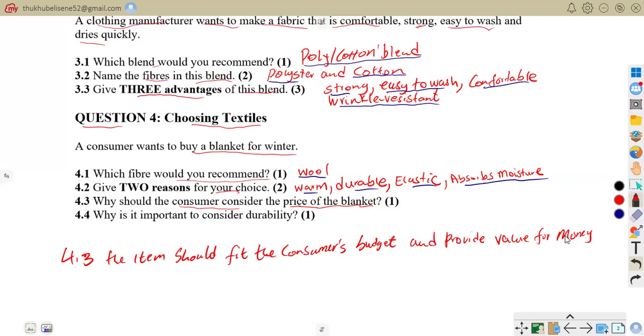So that is that. So consumers should avoid spending more than they can afford while still choosing good quality products. That's what this question wants.